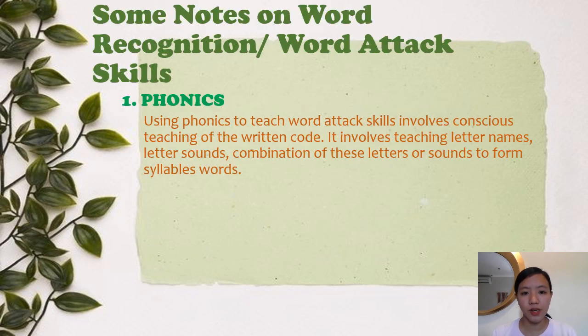Okay, here are some notes on word recognition or word attack skills. The first one is phonics. Using phonics to teach word attack skills involves conscious teaching of the reading code. It involves teaching letter names, letter sounds, and combinations of these letters or sounds to form syllables and words.